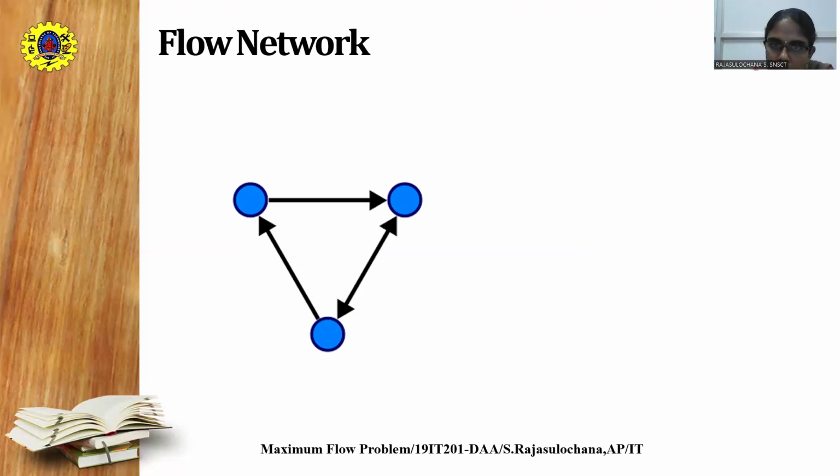This is forward flow. If the flow happens in the reverse direction, that is reverse flow. For each edge, we have a weight, and that weight represents the capacity of that particular edge. F represents the flow of that particular edge. Note that this flow should not exceed the capacity.